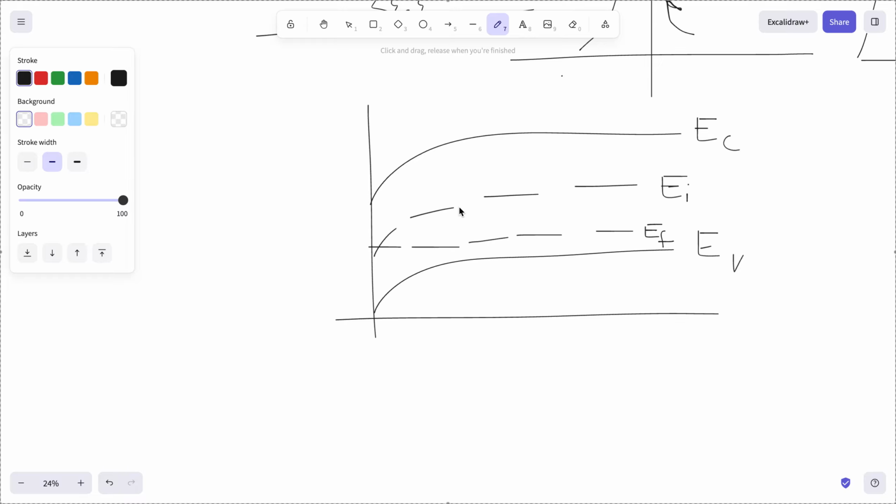So a key quantity that we need to label is if this is the intrinsic energy in the bulk, then this is what we call phi of x, or I guess q phi of x.